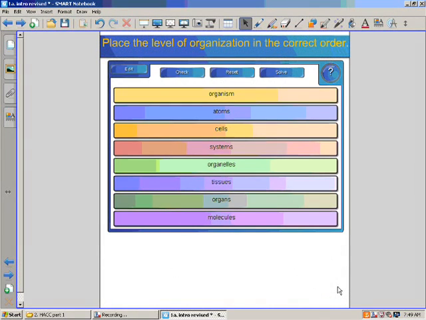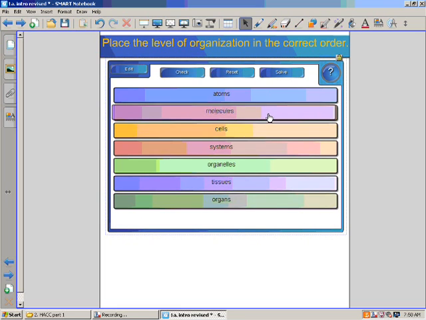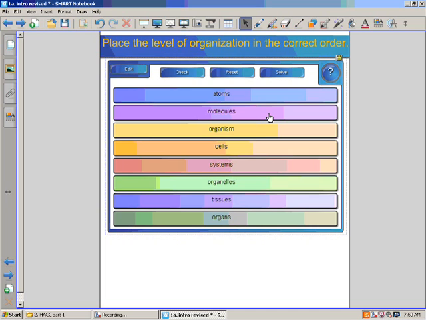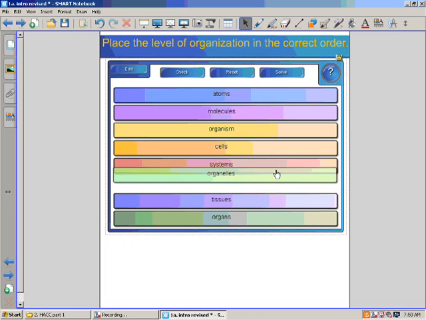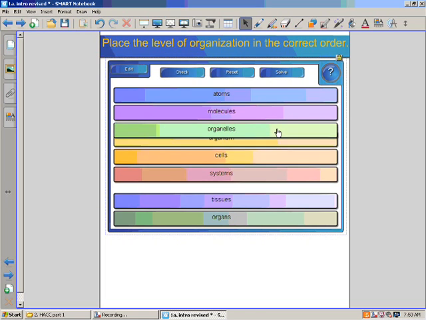Let's put some of these levels of organization in the right order. So let's find the smallest level of organization and work our way up. So here we have atoms, things like carbon, hydrogen, oxygen, nitrogen. Atoms, they form together to make molecules. Molecules form together to make organelles.